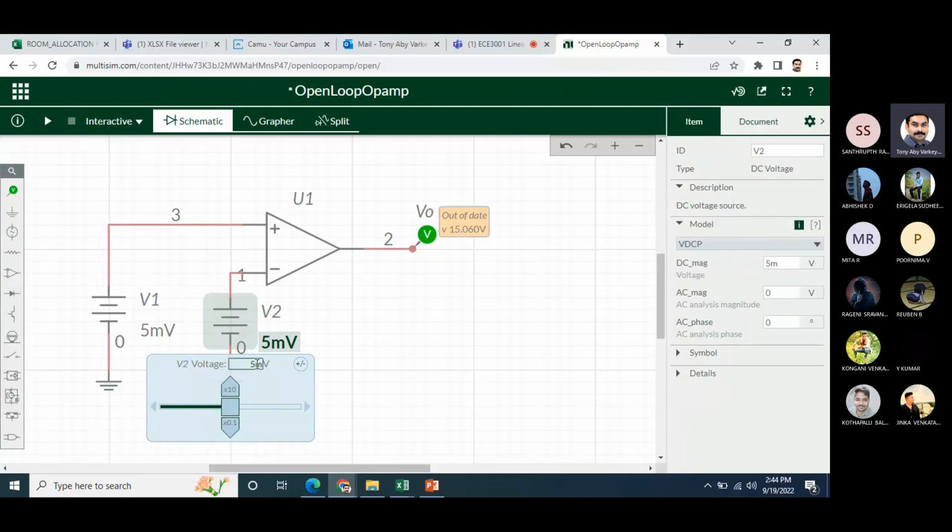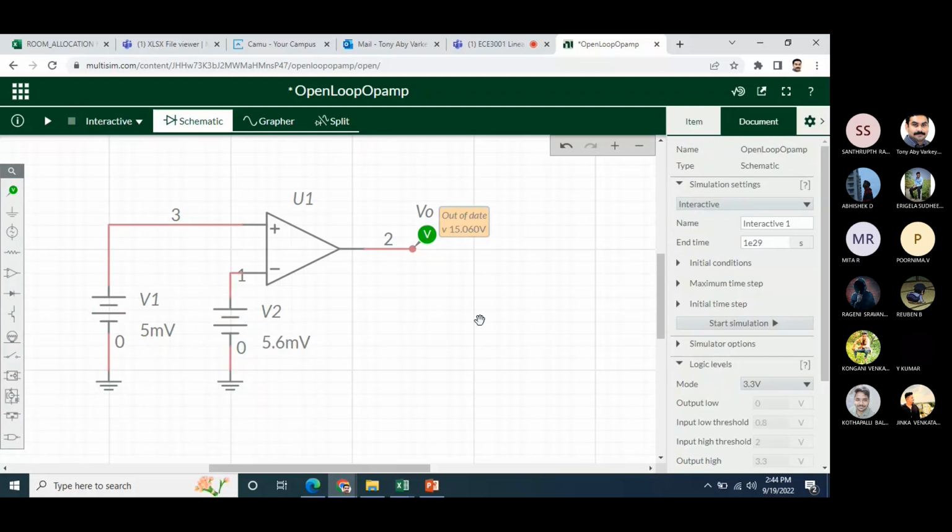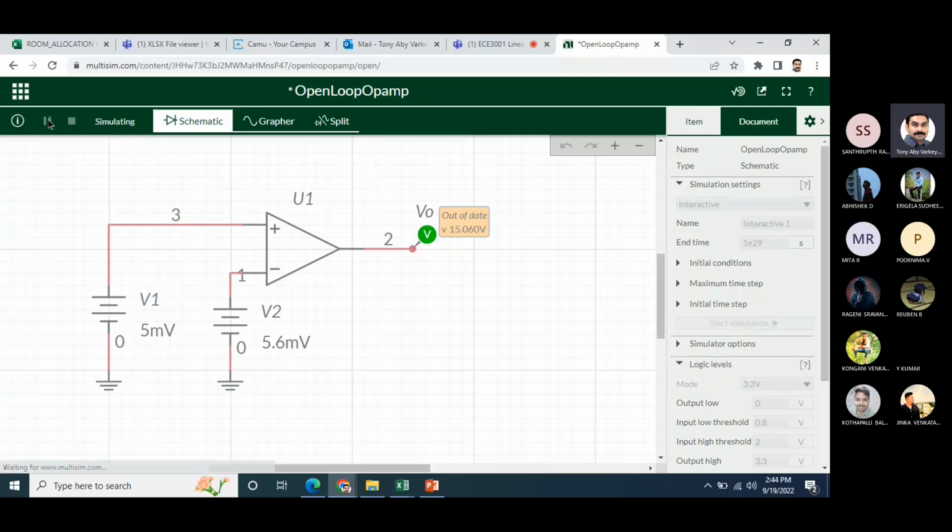What will happen? Negative saturation, and output will be how much? Minus 14.1, or here it will be minus 15. Clear? So it will be like that. Is it clear?